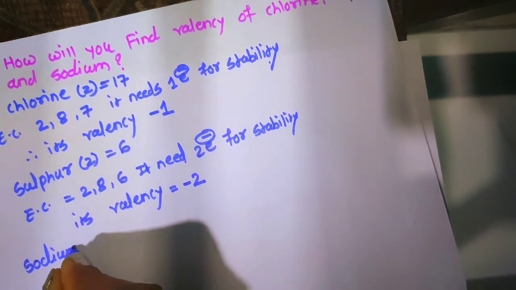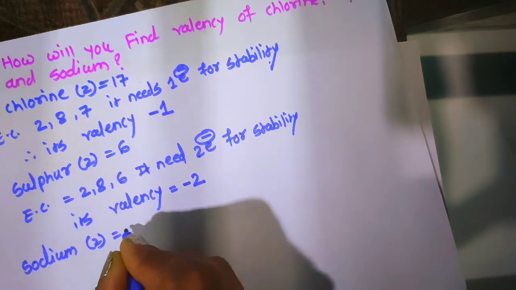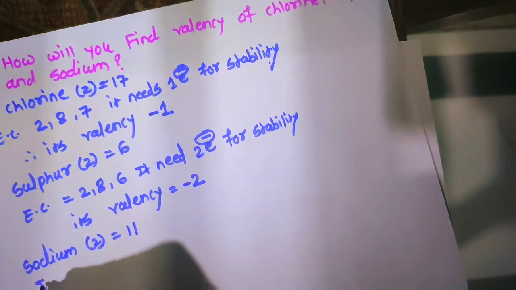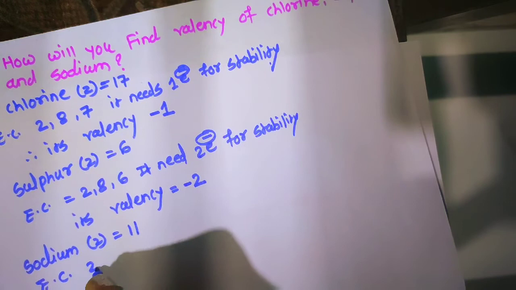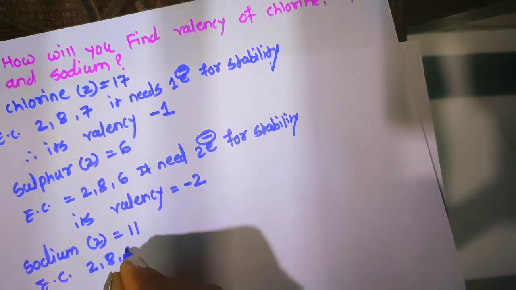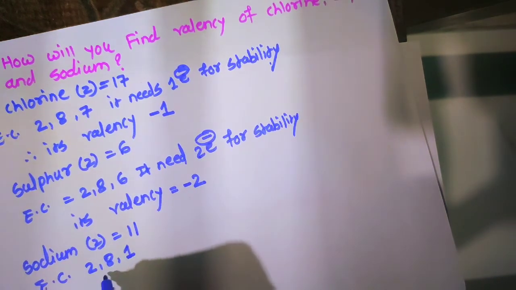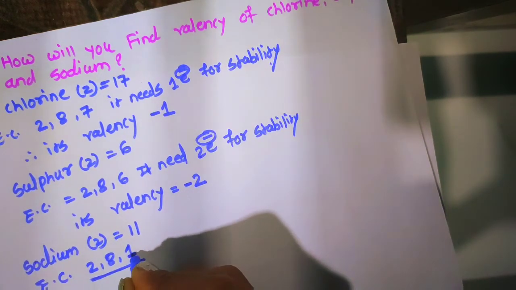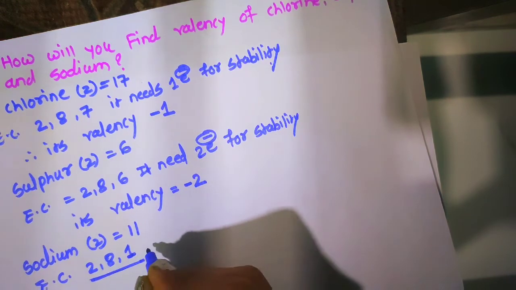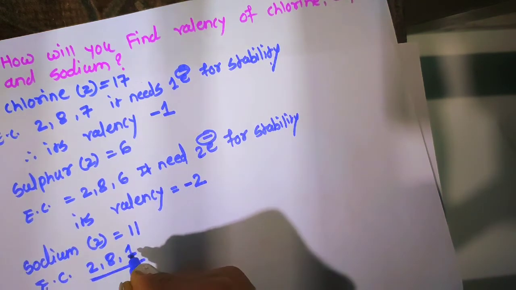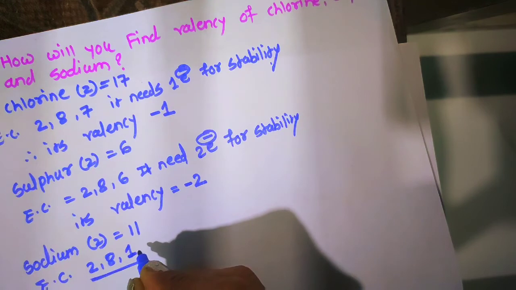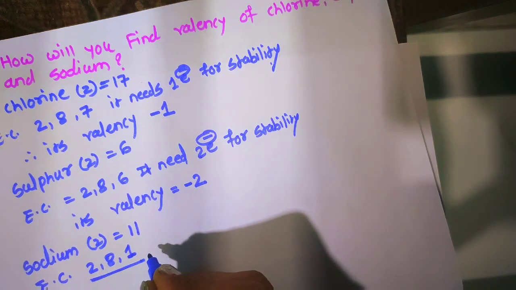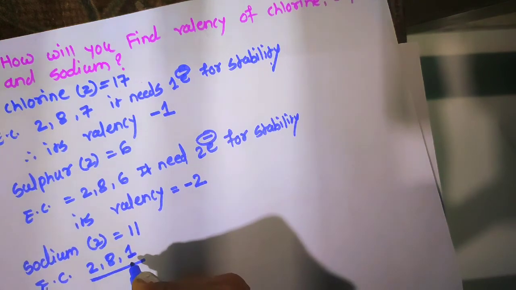Now we will discuss sodium. Sodium atomic number is equal to 11. Electronic configuration 2, 8, 1. In this case, what happens, students? Nobody is going to give this sodium atom 7 electrons for stability, because in the M shell 8 electrons are needed for stability. So this sodium atom will prefer to lose this 1 electron.